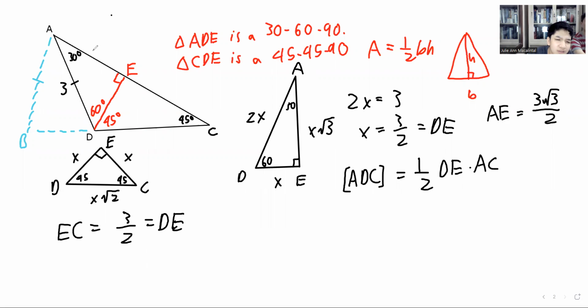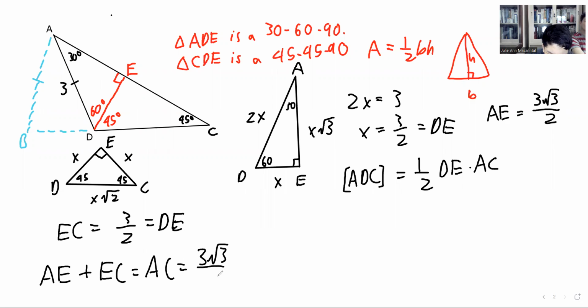So since we know EC, we already know AE. AE is 3 square root of 3 over 2, and then we'll just add that to EC to get AC equals 3 square root of 3 over 2 plus 3 halves, which equals 3 plus 3 square root of 3 over 2. Maybe that's all we can do without factoring, of course.